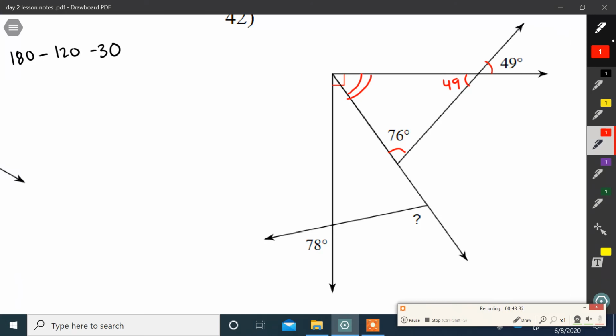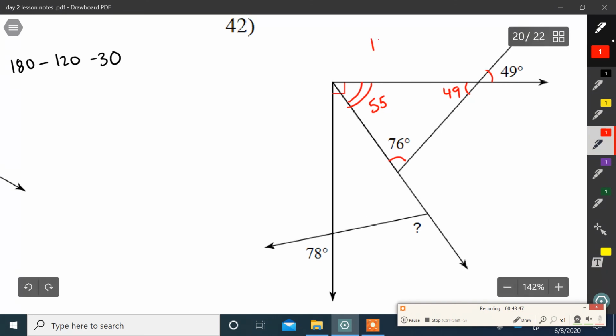So I'm going to subtract, guys, 180 minus 76 minus 49, which is going to give me that missing angle that I need. How did I get that 55? Again, 180 minus 76 minus 49 gave me that 55 right there.